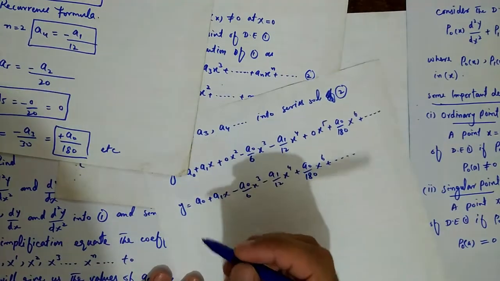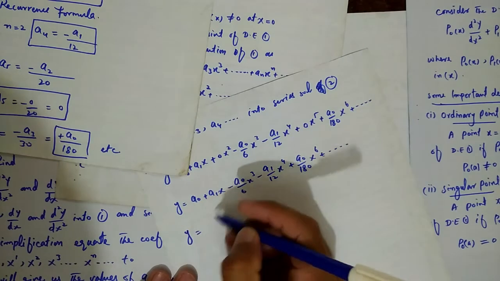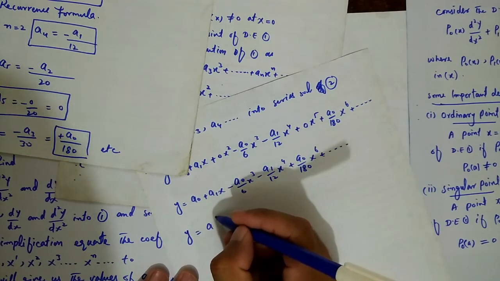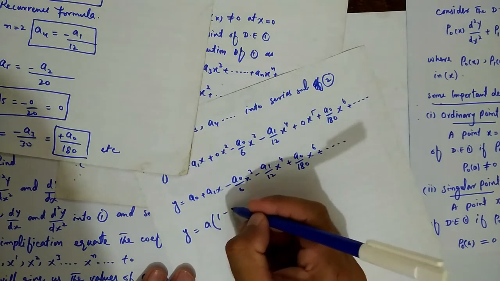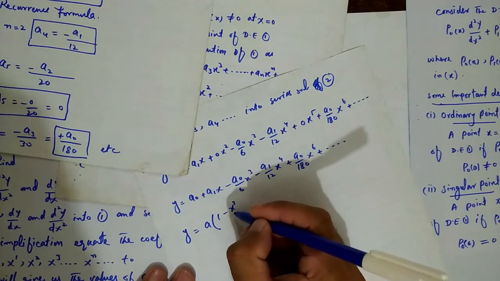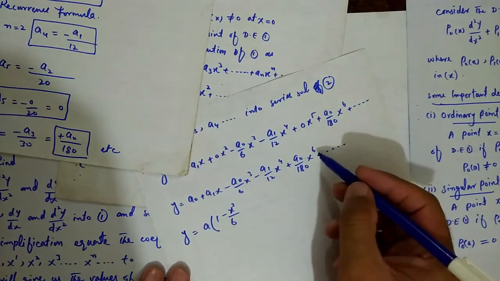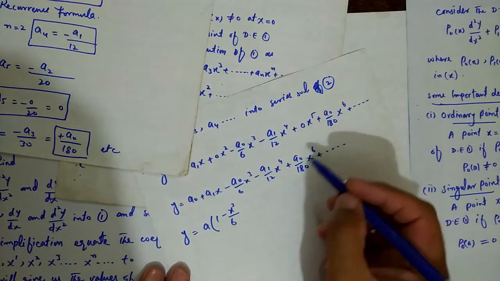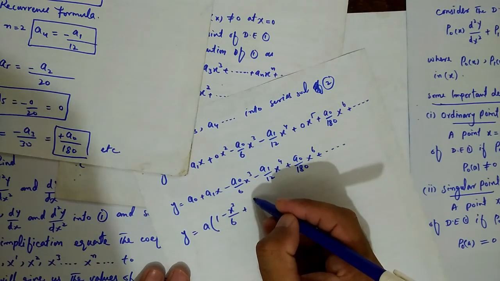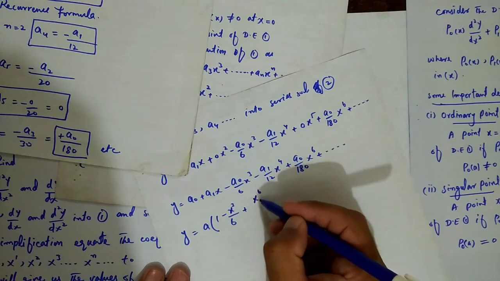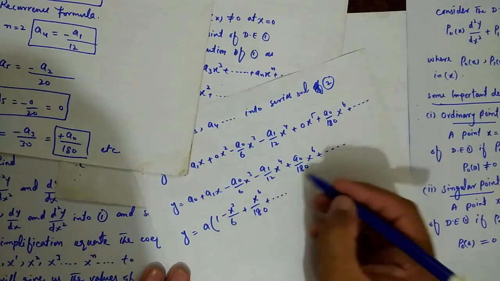Or we can also write it as y is equal to a0 into 1 minus x cube upon 6 plus x to the power 6 upon 180 and so on.